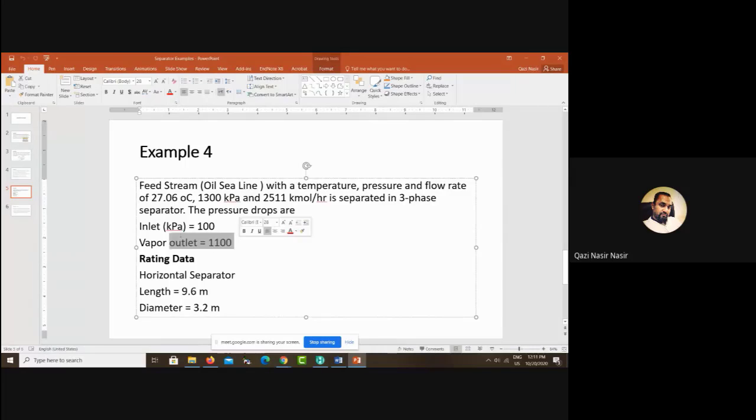This is the information that is required for the three-phase separator. It is a horizontal separator. The length is 9.6 meter. The diameter of this separator is 3.2 meter. These are the information that you need to mention in the separator ratings.